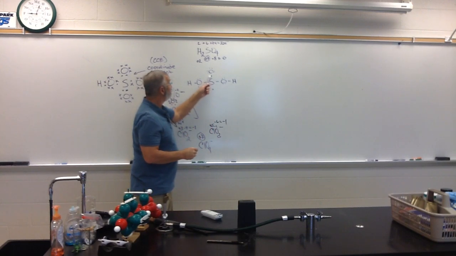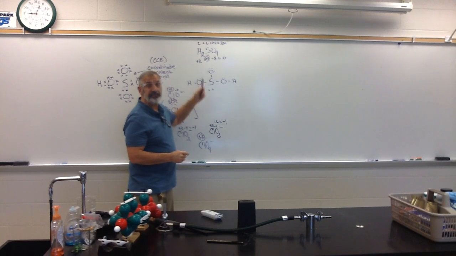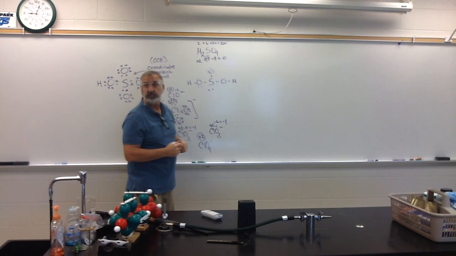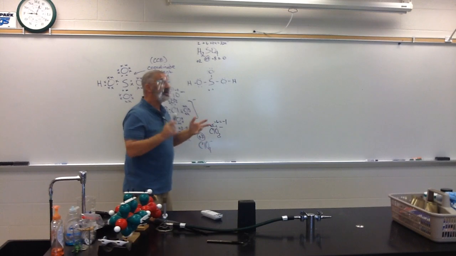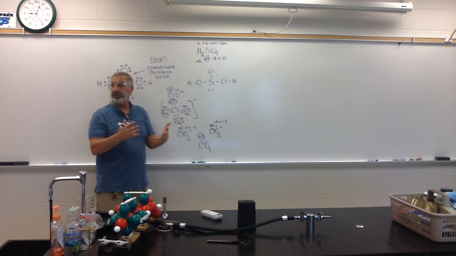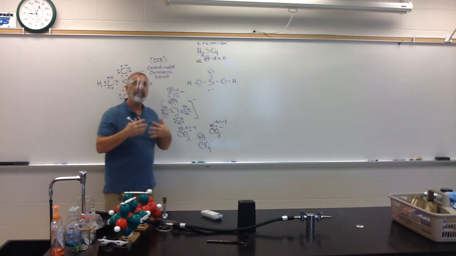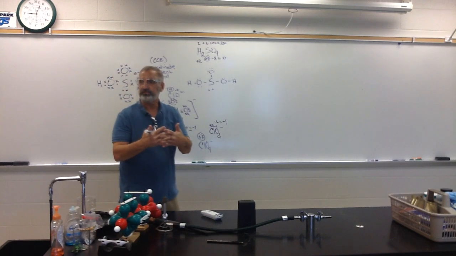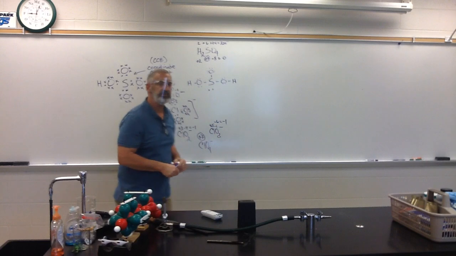Now only 4 of its electrons are involved in bonding. It's going to be +4. So the oxidation state is telling us the number of electrons that are involved in bonding in a covalent bond. That's why we put this sign in front, because it's not really a charge.